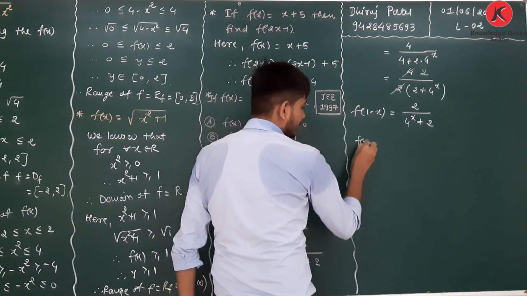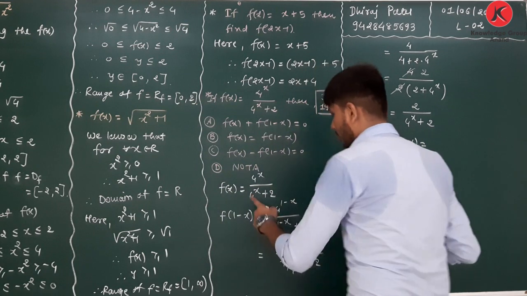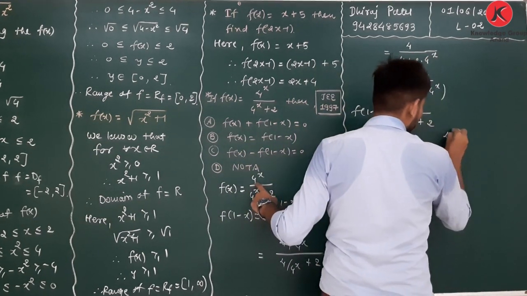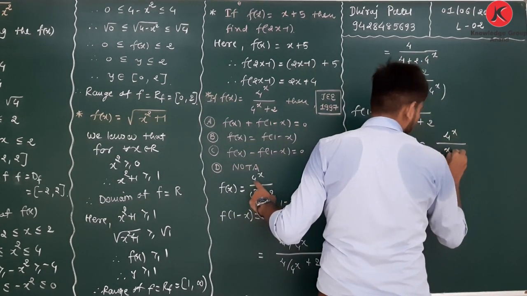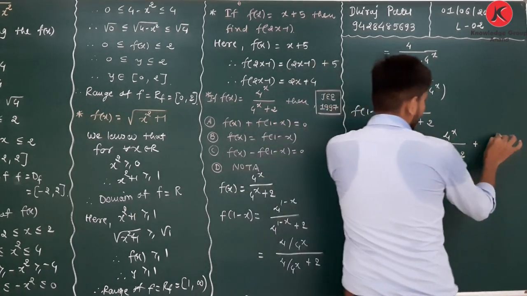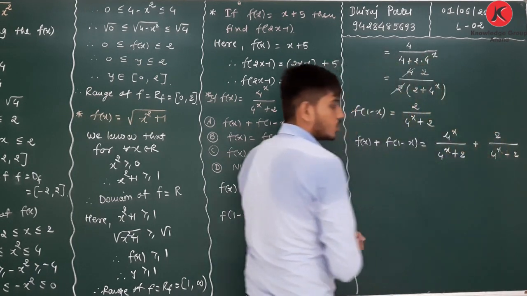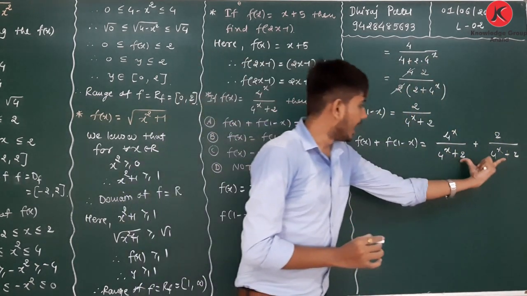So what is f of x? 4 raised to x divided by 4 raised to x plus 2, plus f of 1 minus x, 2 divided by 4 raised to x plus 2 here.